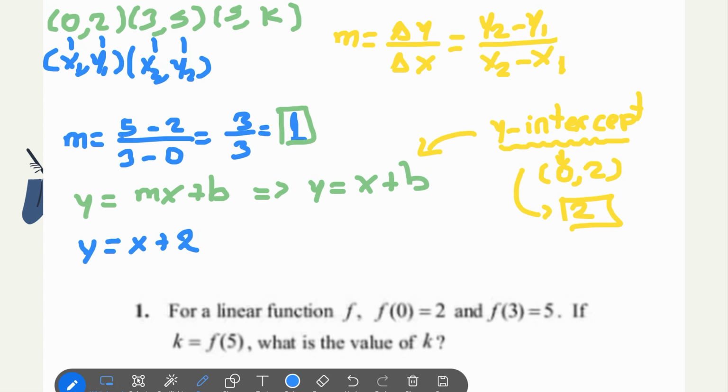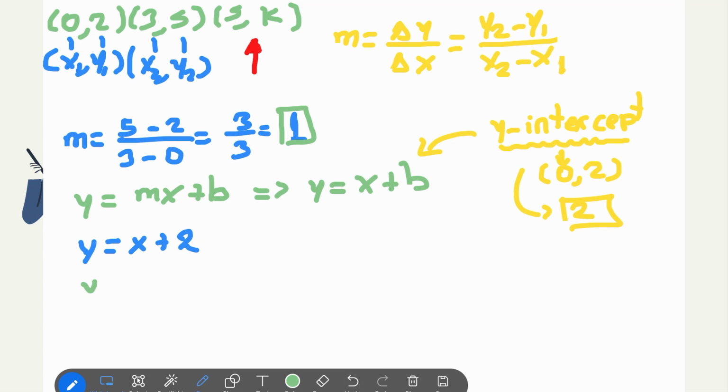So now we just plug in our value of x that the question is asking for. And what is the value of x? We can get back to the question. The value of x equals 5, right? So we now can put y equals 5 plus 2, and the value of y will be 7.